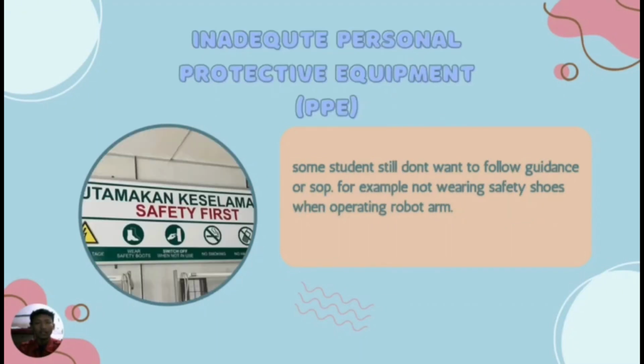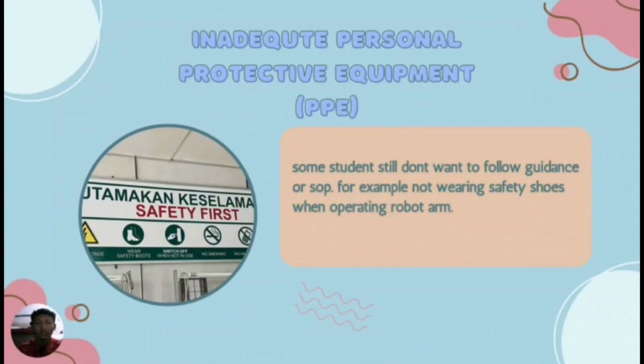The next one is related to personal protective equipment (PPE). In this case, some students still don't want to follow the guide or SOP when they are entering the lab.